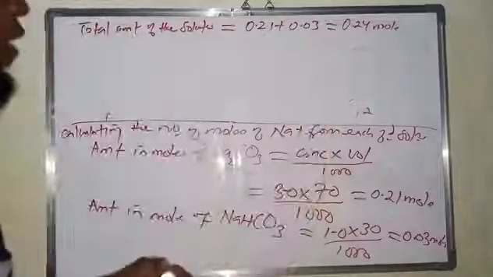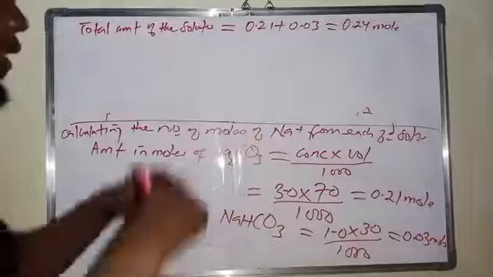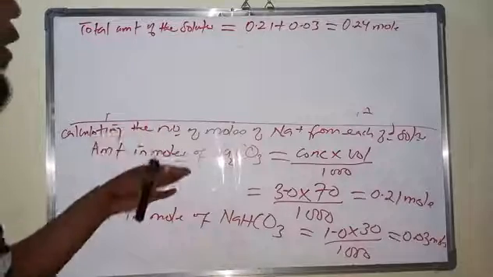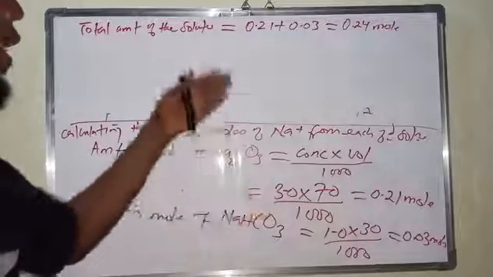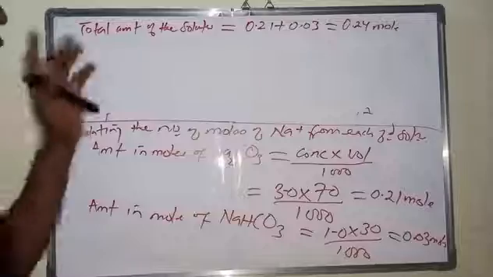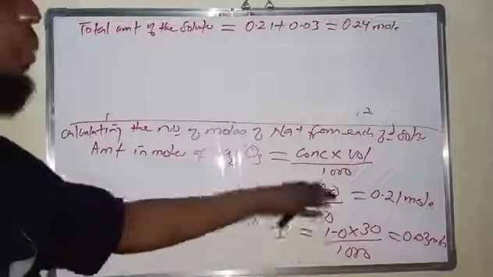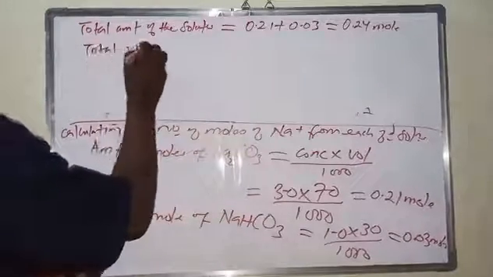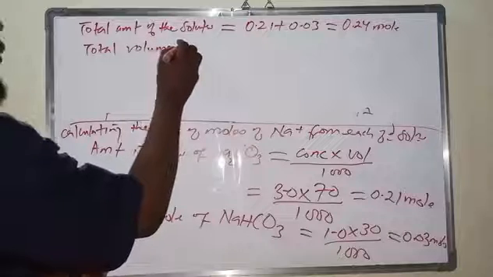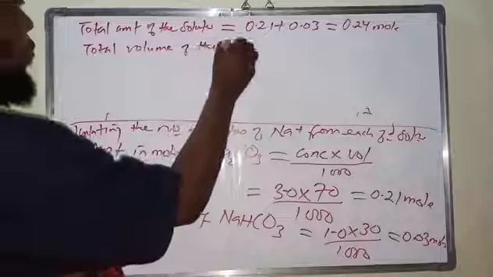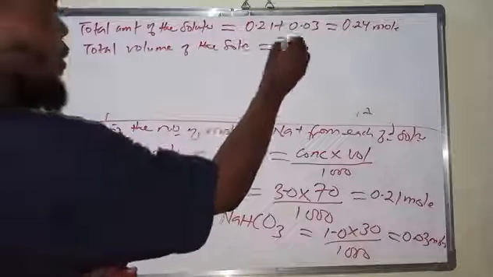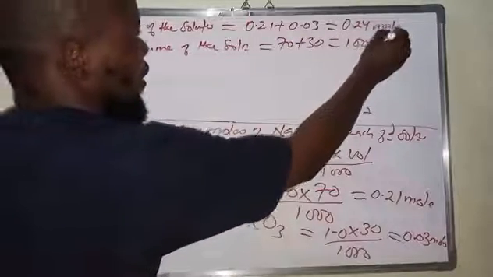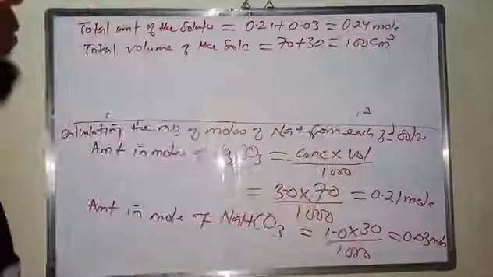So if you remember the volume of the solutions, we have this as 70 and this as 30. So the total volume of the solution is 70 plus 30, which is 100 centimeter cube.